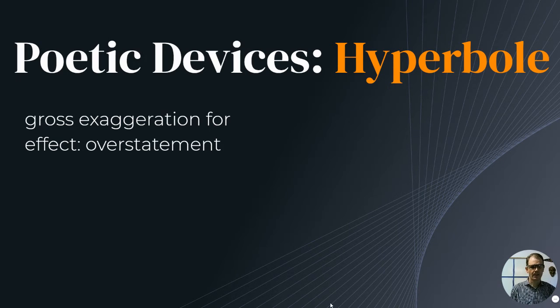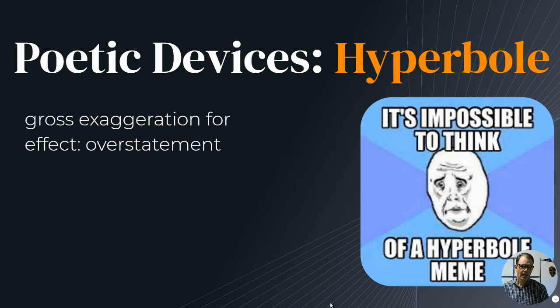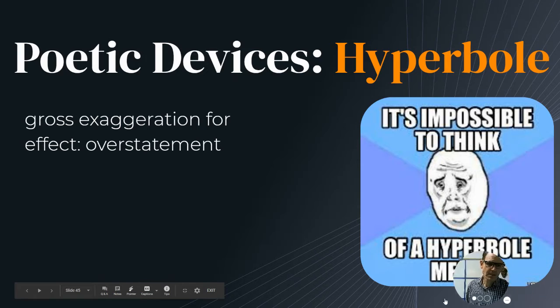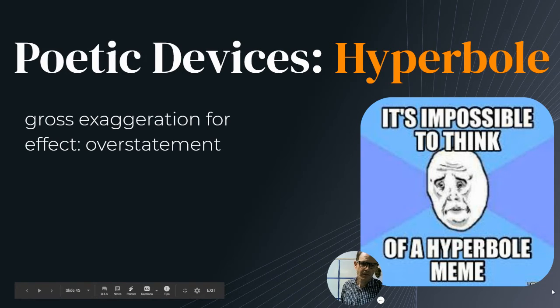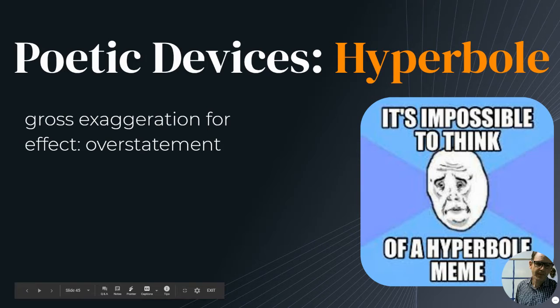Doesn't literally, but it's expensive. A house that was way too expensive costs like $1 million, or a car costs like $1 million. It's just something she's always done. It's that hyperbole. Okay. This little example, I love this one. It's impossible to think of a hyperbole meme. Well, it's not, because they've clearly done that. All right.